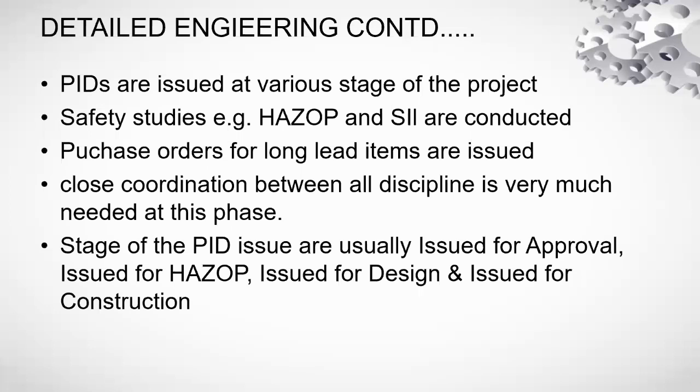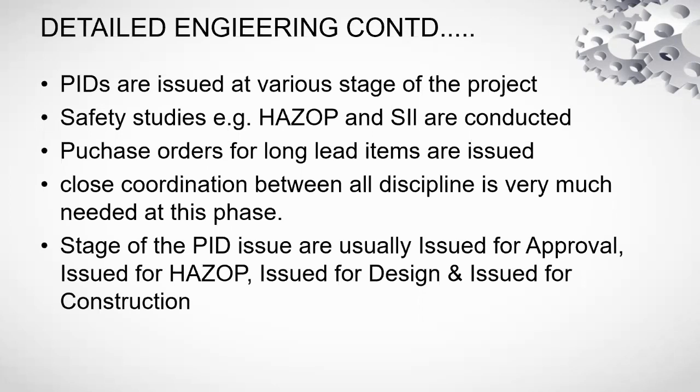So as I said, these are the stages, but the same stages are followed in terms of payment milestones, which are expected from the client against the issue of these documents. Most of the time, issued for construction PNIDs are issued, but they are not as ready as expected or as they should have been.